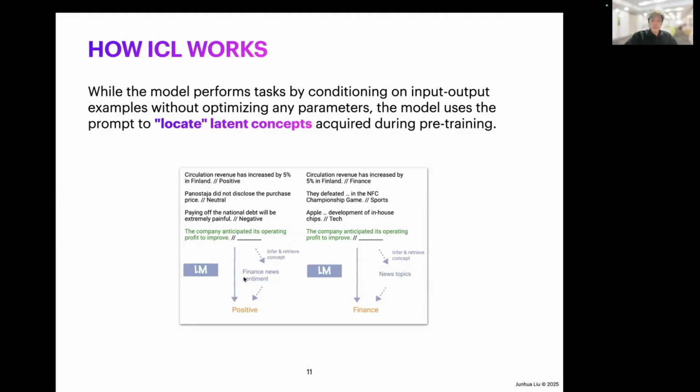The LLM will then try to infer and retrieve concepts such as financial news sentiment, which it was trained on many times and has seen in the training data. Then, by looking at the format and the content, that means the correlation between the answer and the example prompts, the LLM will decide the answer's format as well as the latent concepts in the process.